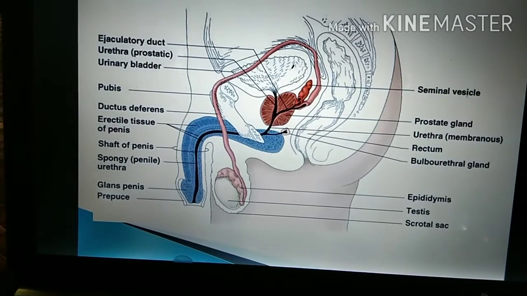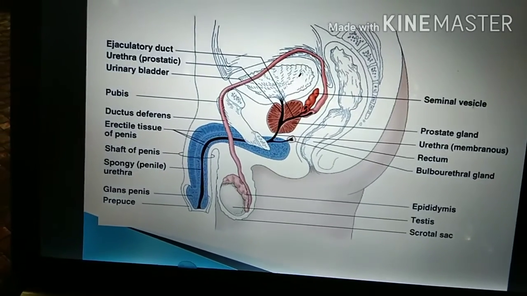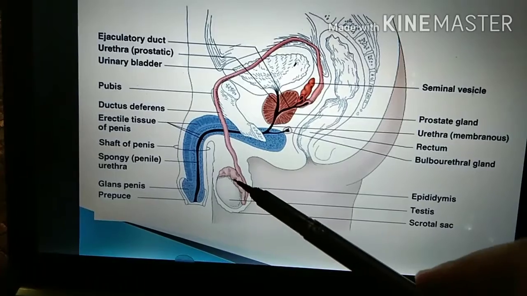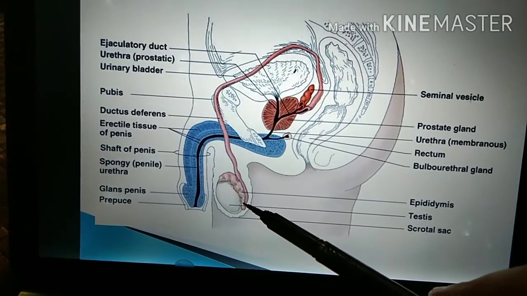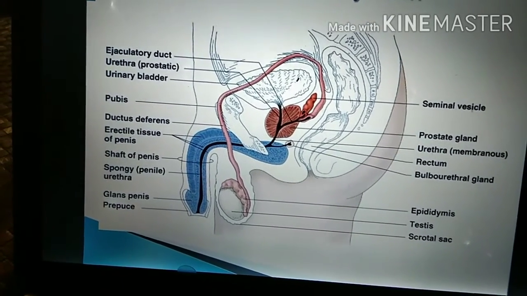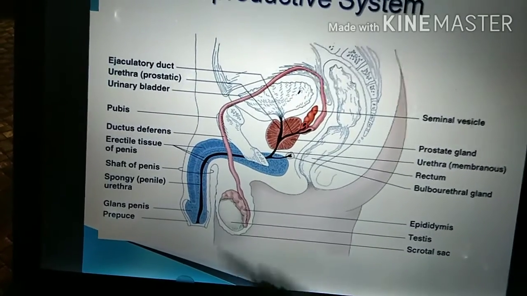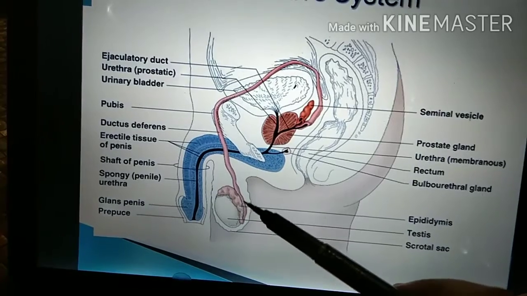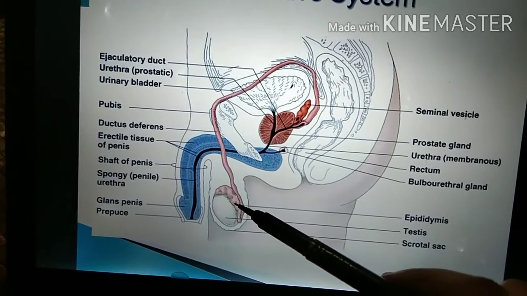Now, let's identify the internal organs of the male reproductive system. The first part of the internal structure is the epididymis. The epididymis is a long, coiled tube that rests on the backside of each testicle.